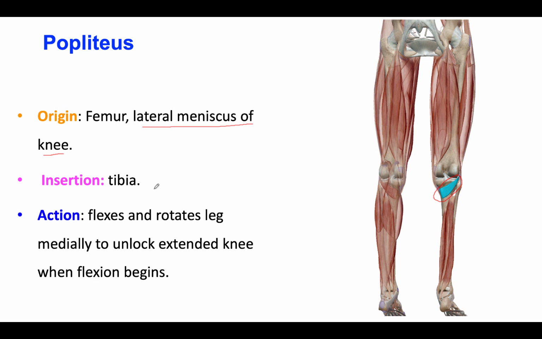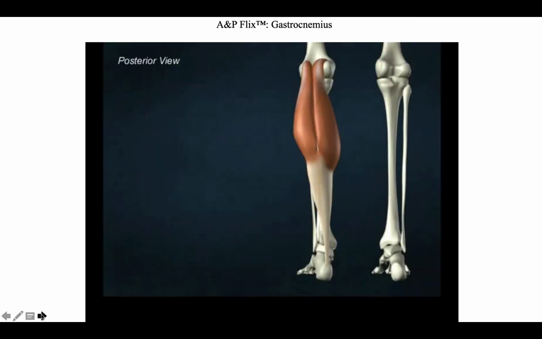Either way, it inserts into the tibia, and ultimately it's going to allow for flexion and medial rotation, and this helps the knee unlock when we need it to unlock. Now this is not one of the muscles that make up the Achilles.